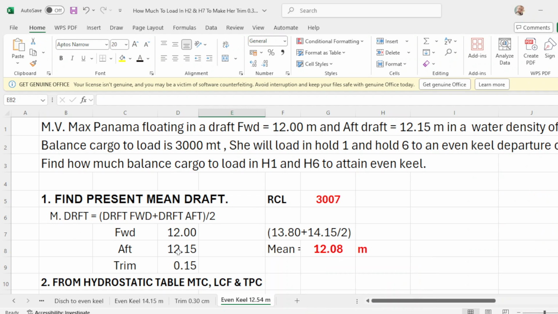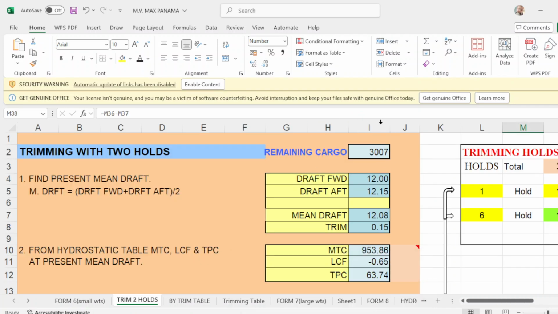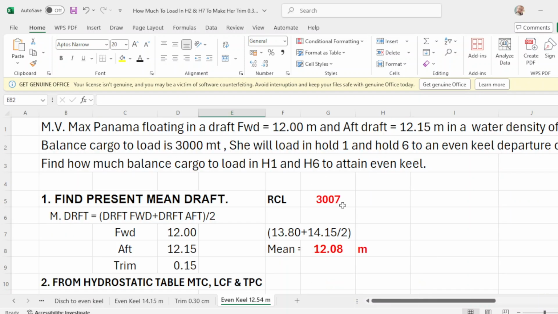So in number 1, this is the remaining cargo to load, which is 3007. So I just put it here.